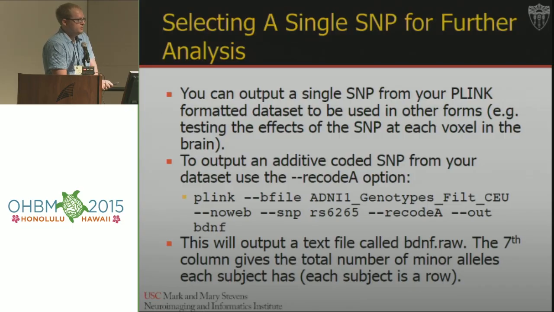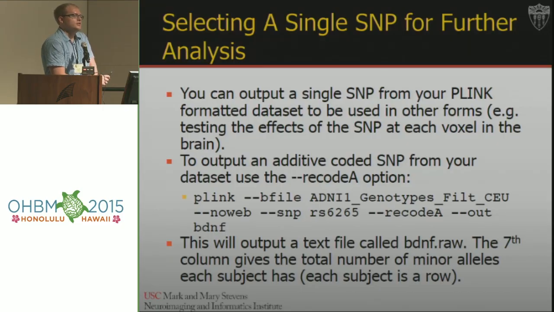The rest of it, and I'm running out of time, and I kind of knew that, so the next few slides are describing how you can use your newly cleaned and readied ADNI Plink file to do image-wide analysis.